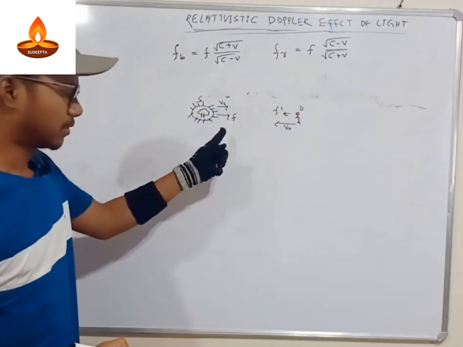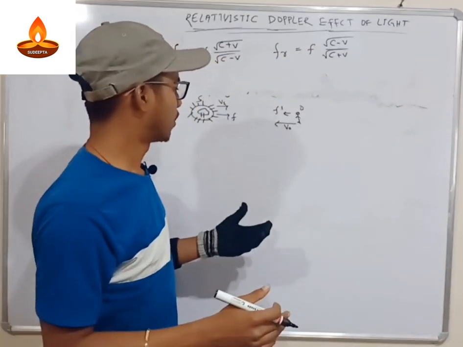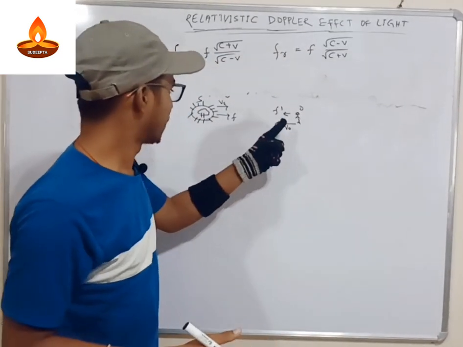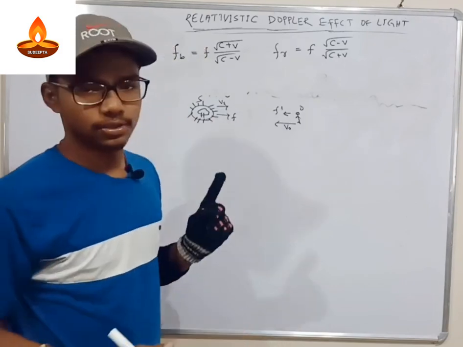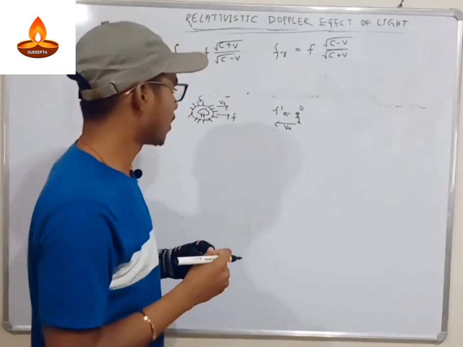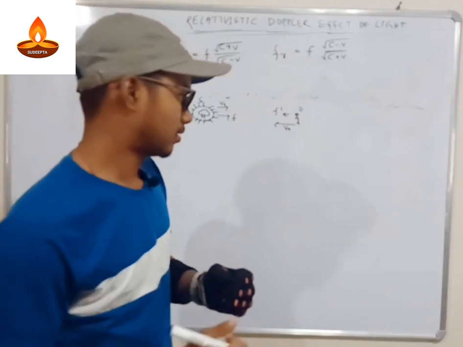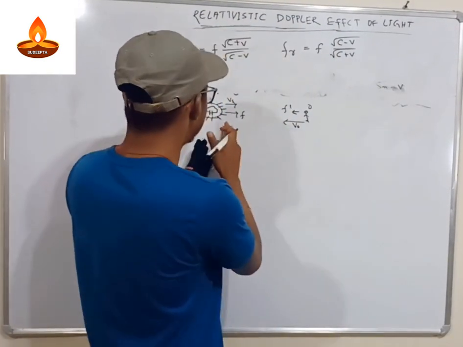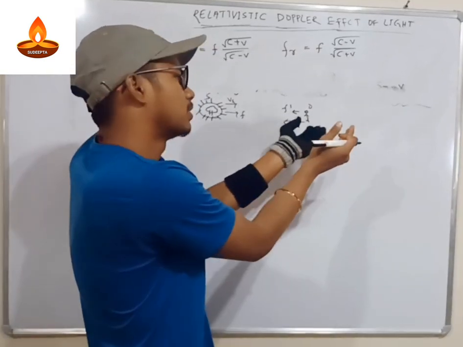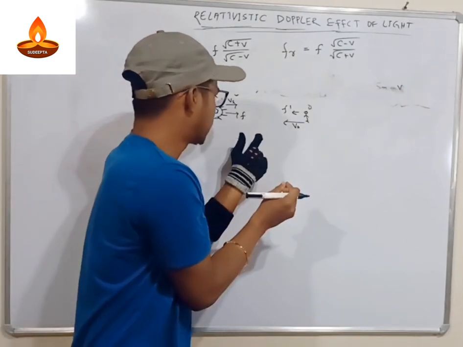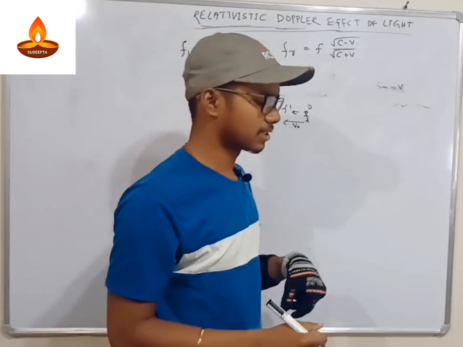The frequency is f, but for the observer the frequency is f dash, so we have to calculate what f dash is. Here the source is going towards the observer and the observer is coming towards it.